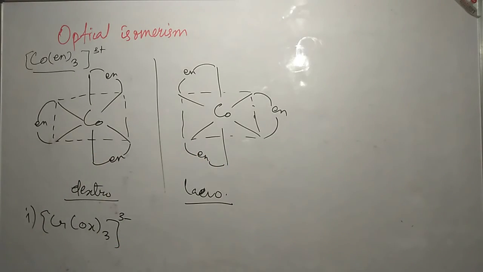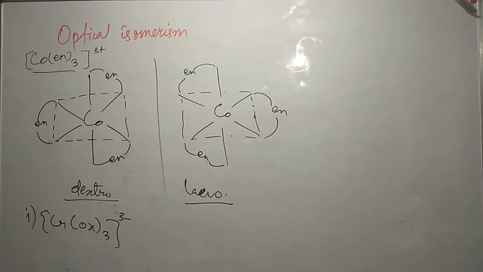Such substances are called optically active substances. The first one is dextrorotatory, the second one is laevorotatory. How do we find dextro and laevo? If the isomer rotates the plane polarized light to the right, it is called dextrorotatory, and if it rotates the plane polarized light to the left, it is called laevorotatory.